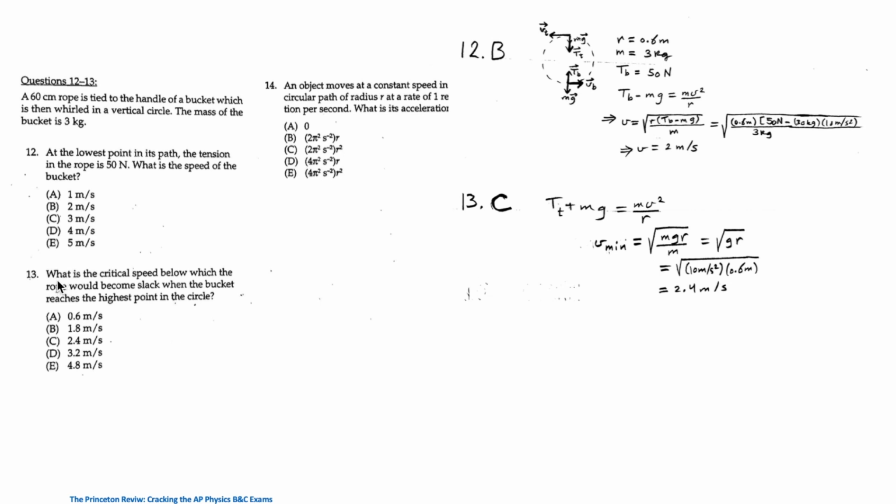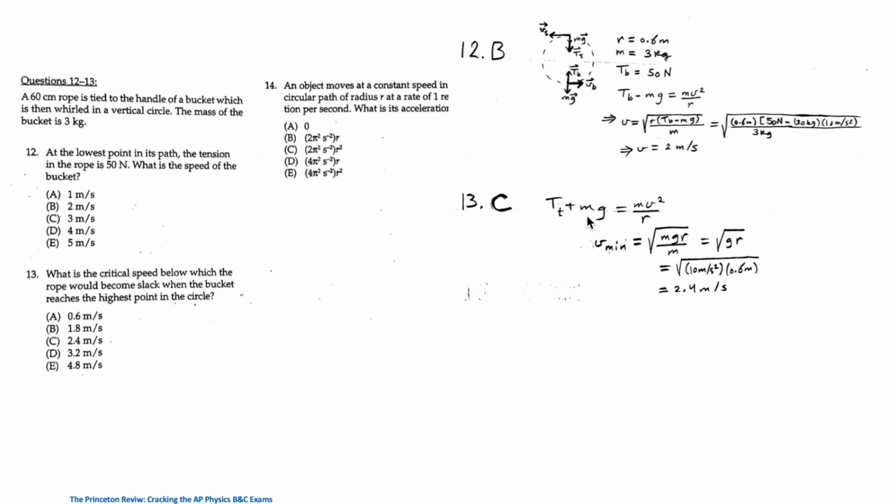So question 13: what is the critical speed below which the rope would become slack when the bucket reaches the highest point in the circle here? Okay. At the top here, the net force that provides the centripetal force is T plus mg, okay? For the rope to avoid becoming slack, the tension must not vanish.